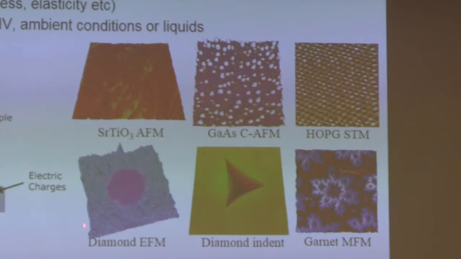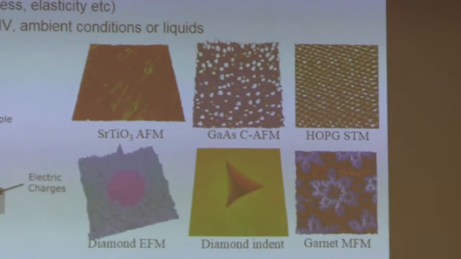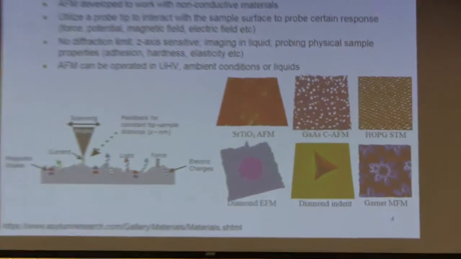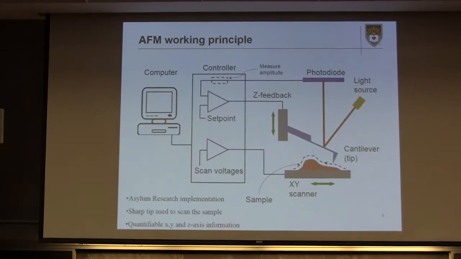Electrostatic force, so this is diamond coated with some impurity, so this is just the electrostatic potential. Diamond indentation, we can poke those samples very hard. And magnetic field, things like that, they exhibit magnetic field, so magnetic force microscopy can map that out. Very diverse field of applications.